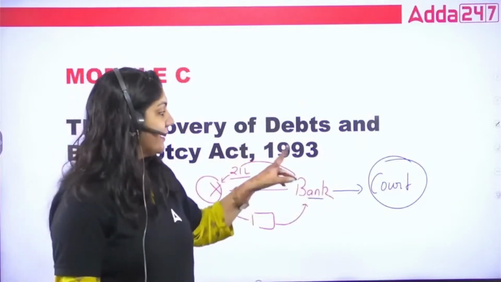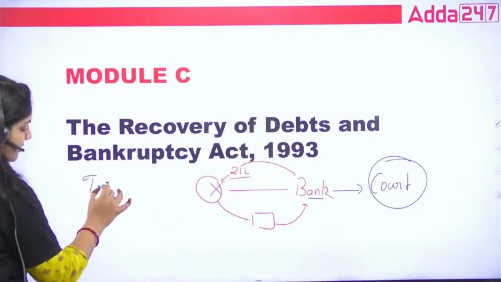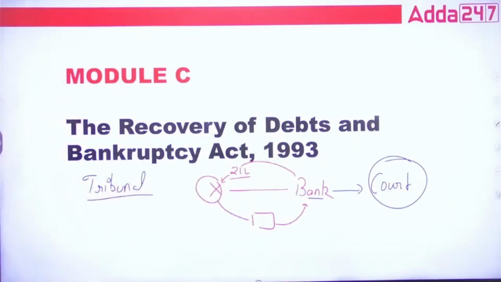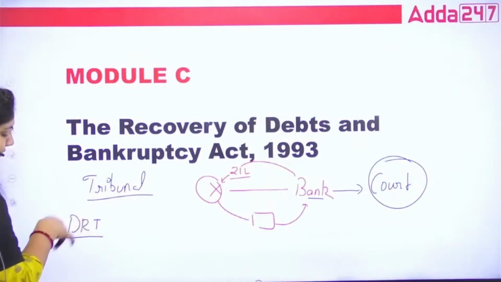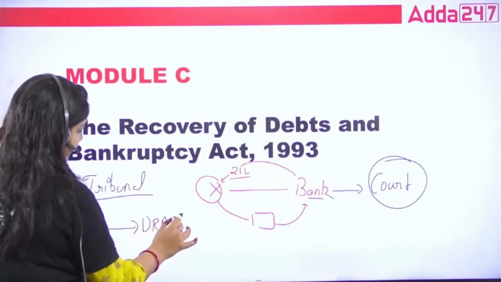That's why in 1993 this act was made, in which a special tribunal is created for debt recovery. That special tribunal is the DRT, Debt Recovery Tribunal, and its appellate tribunal is the DRAT.